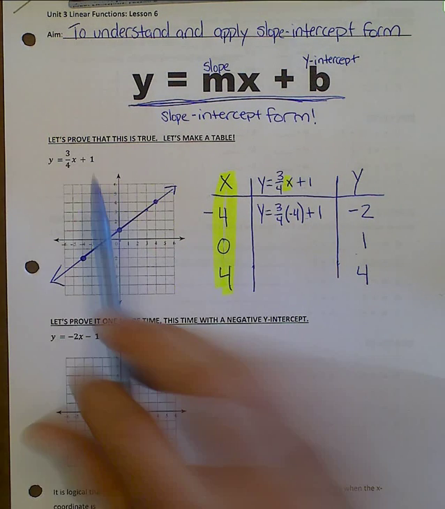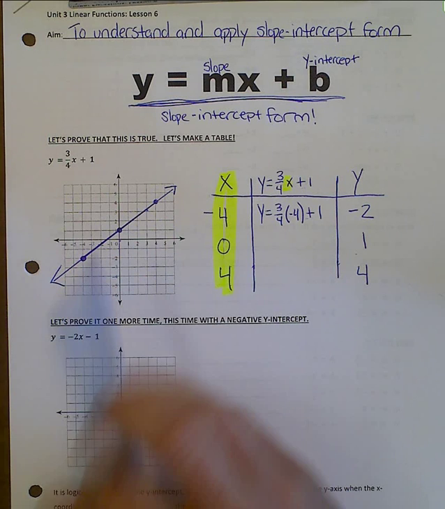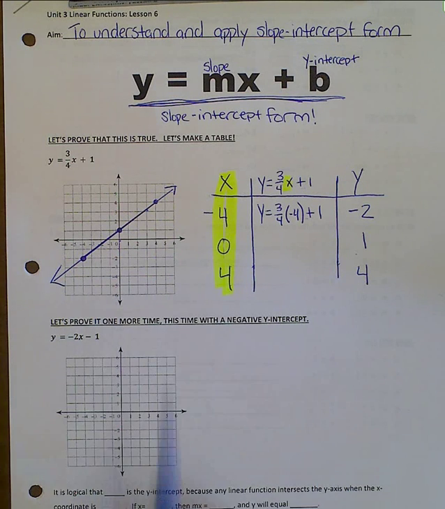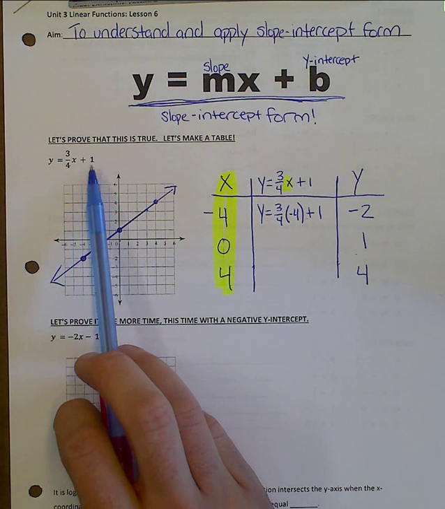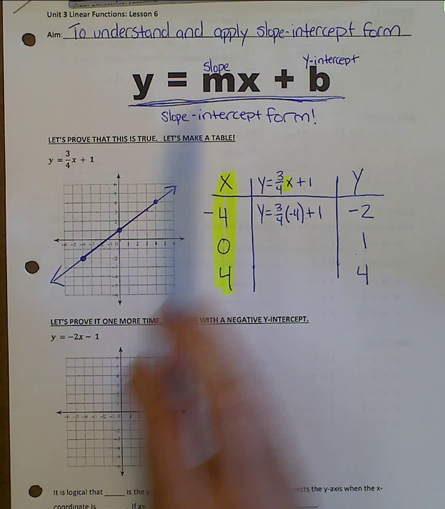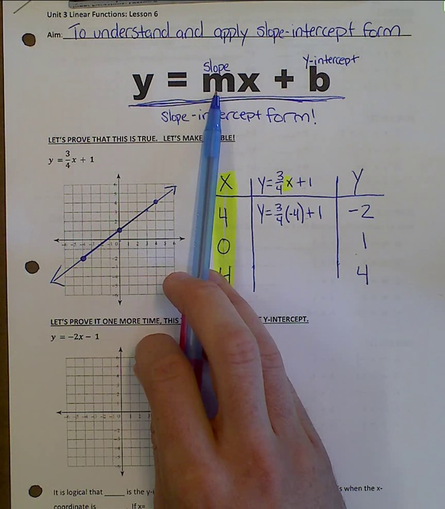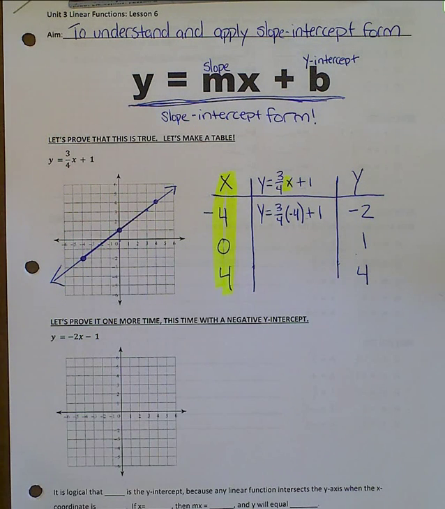Our slope is positive, we have an increasing line. But what I want to focus your attention on is the two parts of this equation, 3/4 and 1. The slope of a line is the change in y over the change in x. And we can see this.